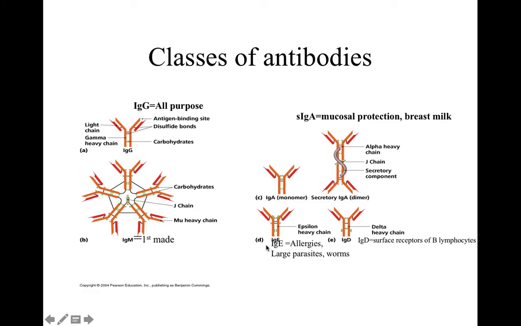The functions are like perforin, right? That we mentioned earlier with the cytotoxic T lymphocytes, right? So again, in parasitic infections, if we're talking about eukaryotic parasites, you might see an elevation in IgE antibodies, which is kind of interesting.